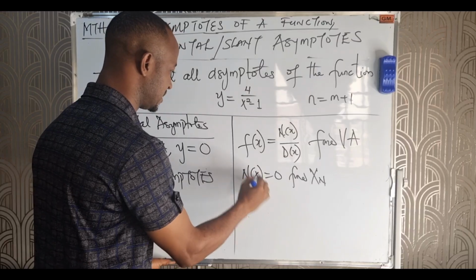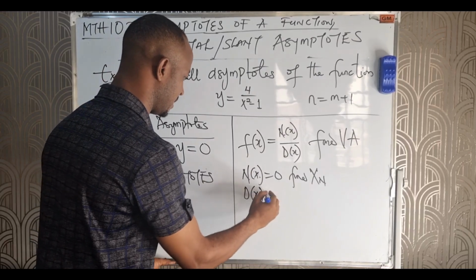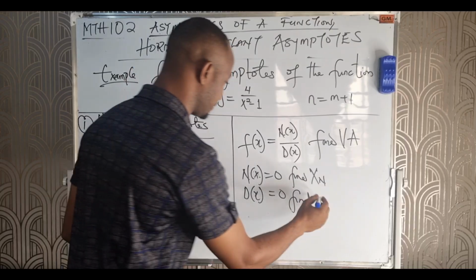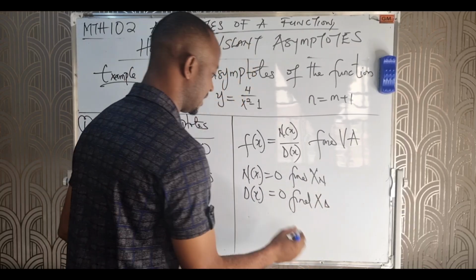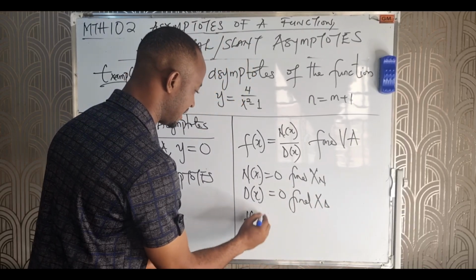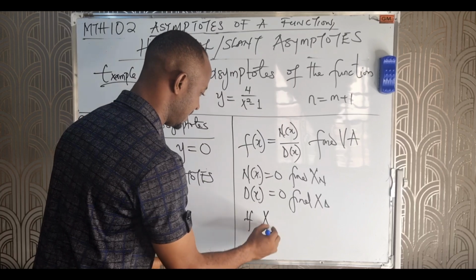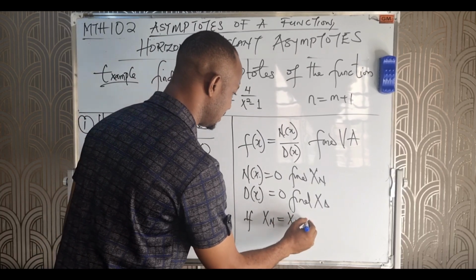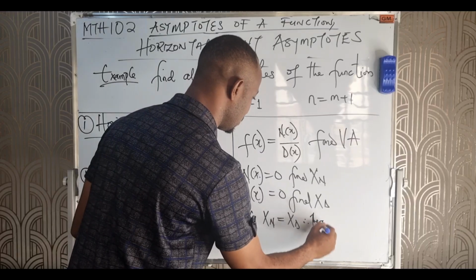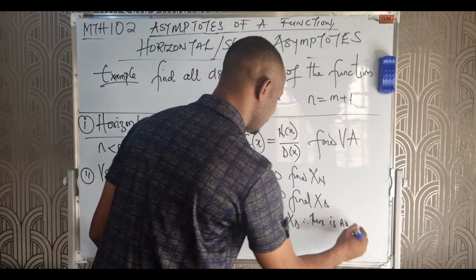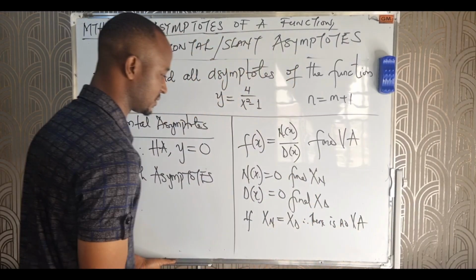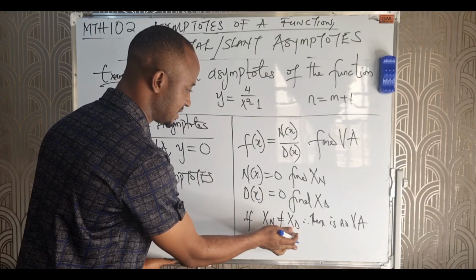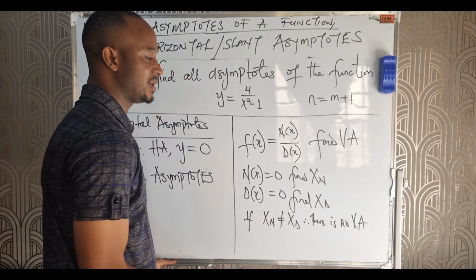Also set d of x equal to 0 and find Sd. Then if Sn is equal to Sd, there is no vertical asymptote.